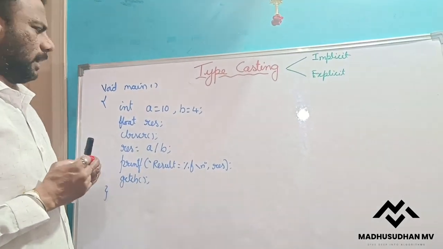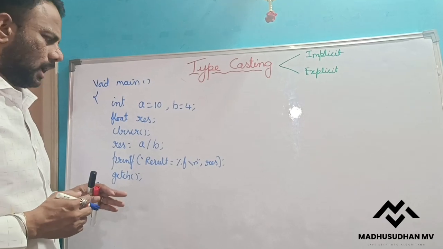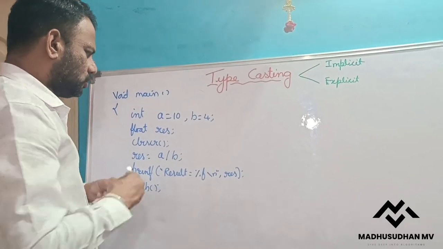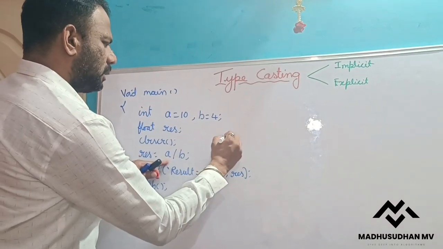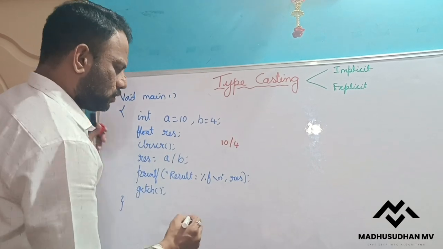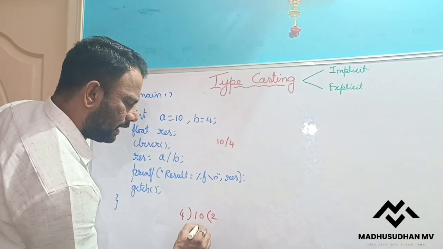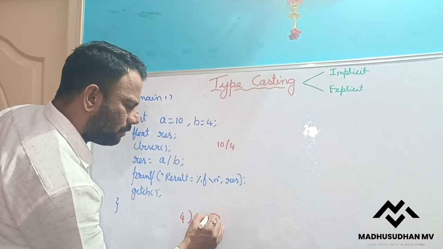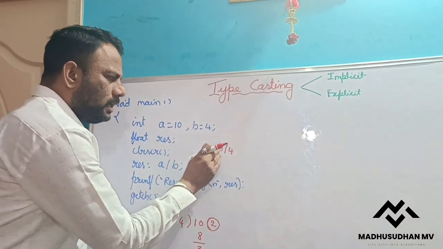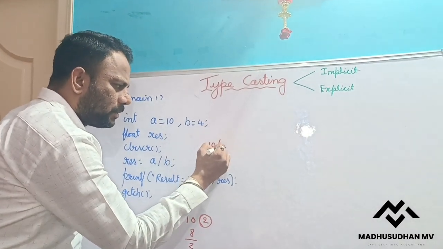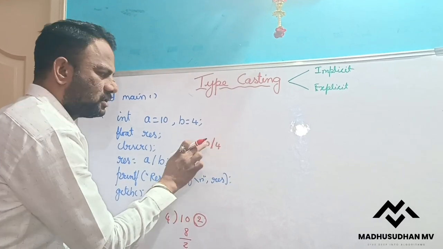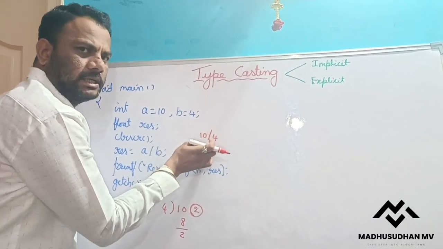Now when I run this program, what am I expecting? When I divide 10 by 4, 4 twos are 8, so I should get remainder 2. Here I am doing the division operation on 2 integer values. 10 is an integer value, 4 is an integer value.